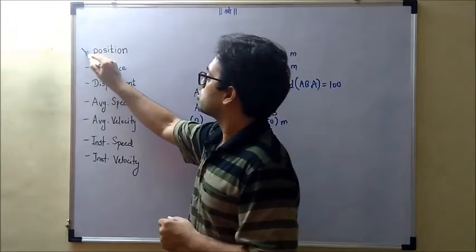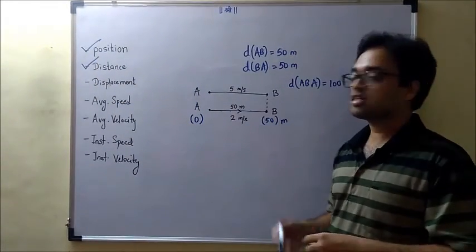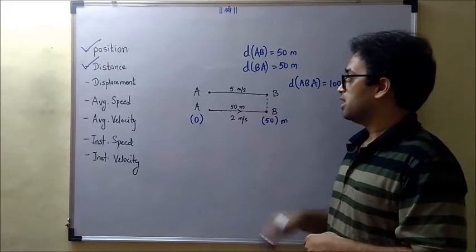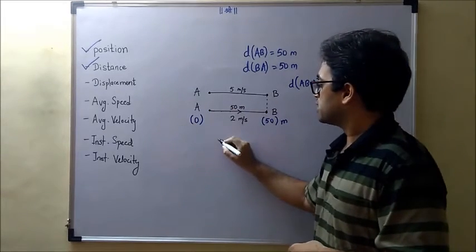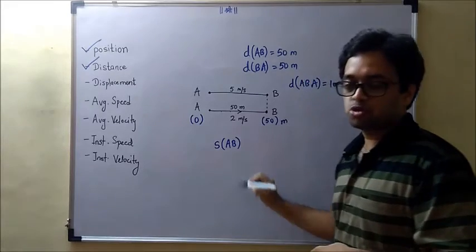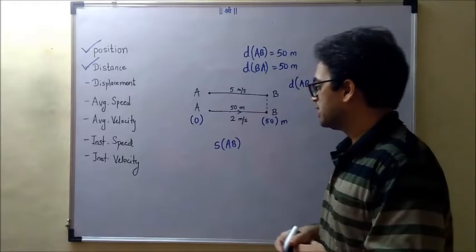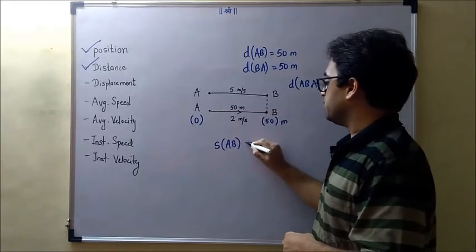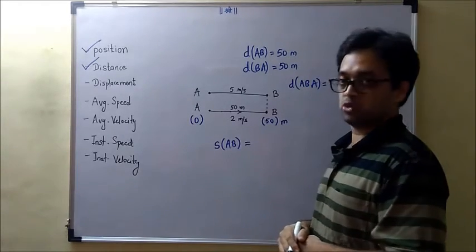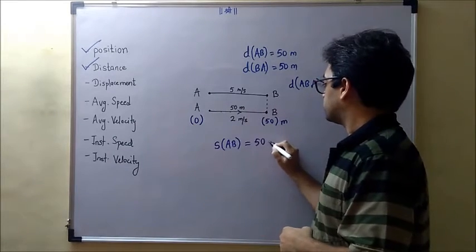So we covered position, we covered distance. Now let us talk about the displacement, and that is where the interesting point comes in. So displacement of AB is denoted by S. Usually the distance is denoted by D and the displacement is denoted by S. So displacement of AB, since it's a straight line distance, will be equal to 50 meter.